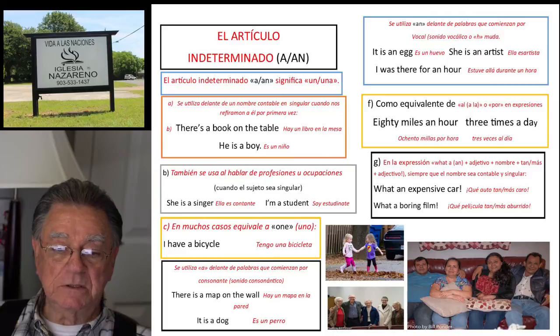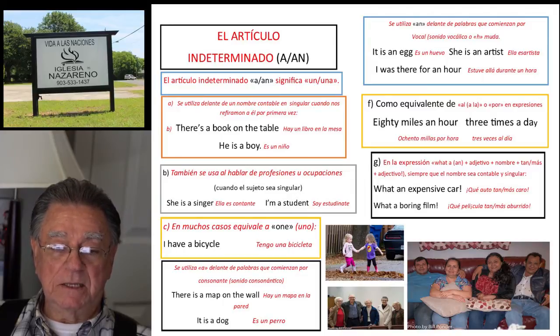Okay, there's a book on the table. There's a book on the table. Okay, we know what table it is, but we don't know which book. There's a book. We don't know which book it is. We don't know if it's a green one, the red one, or the big one, the small one. There's a book on the table.